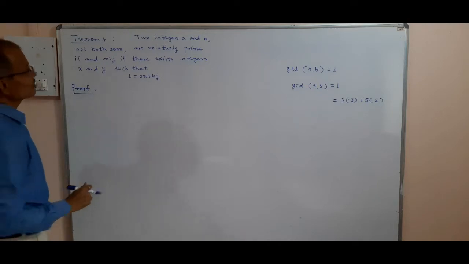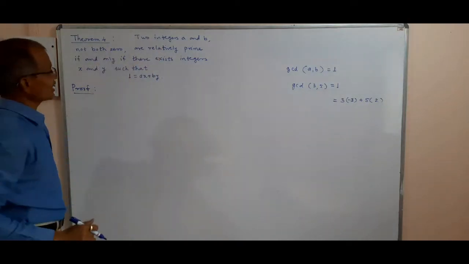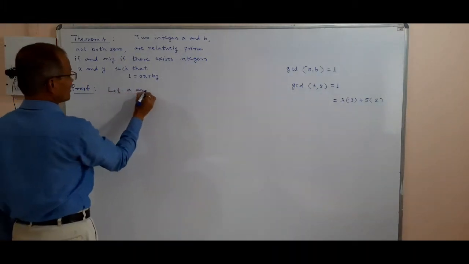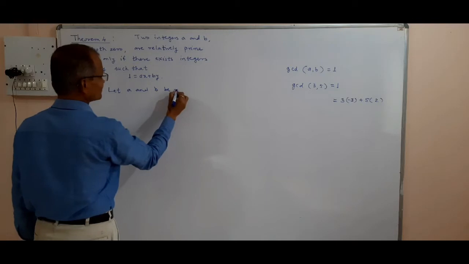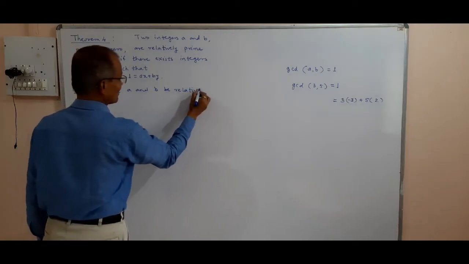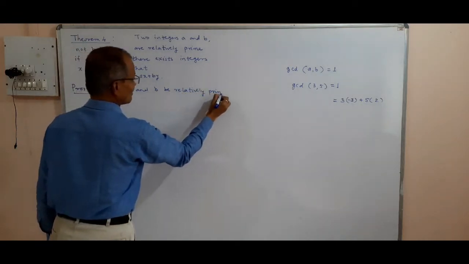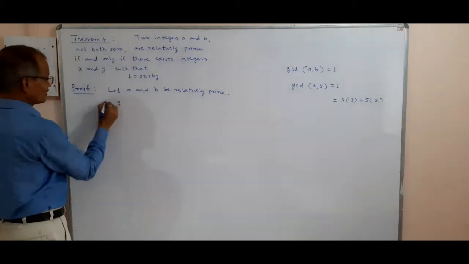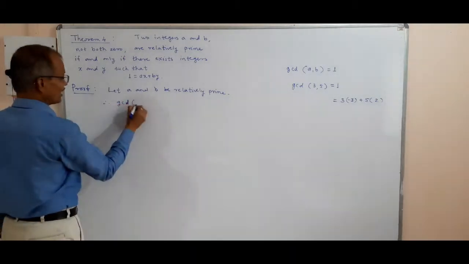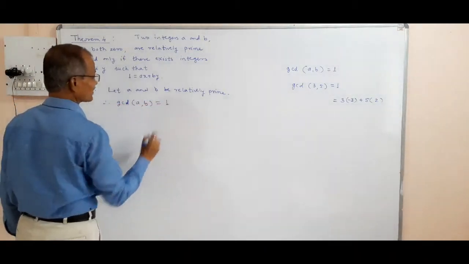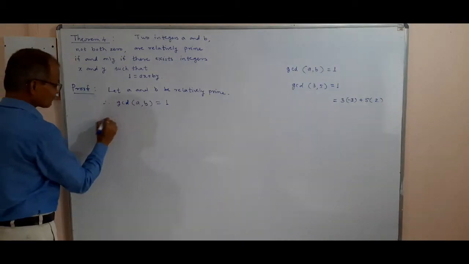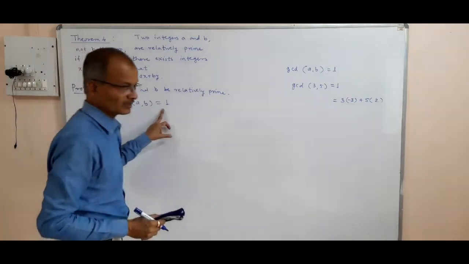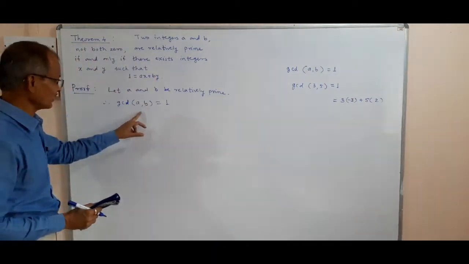First, suppose two integers a and b, not both of them 0, are relatively prime. If these are relatively prime, then the GCD of a and b is equal to 1. And this implies, by theorem 3, if the greatest common divisor of a and b is d, then d can be expressed as a linear combination of a and b.